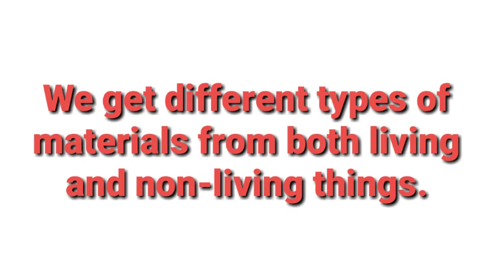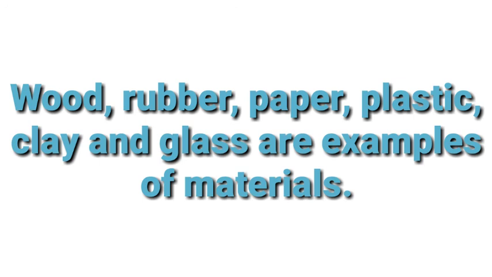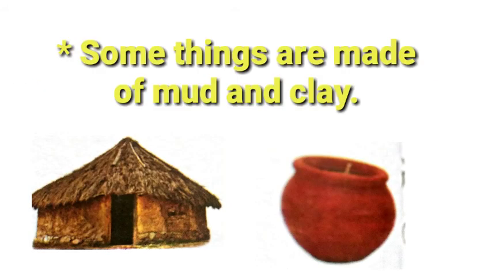Here are some examples: wood, rubber, paper, metals, plastic, clay and glass are examples of materials. These are the materials which we are using to make things. Okay, we will see some examples of natural materials.